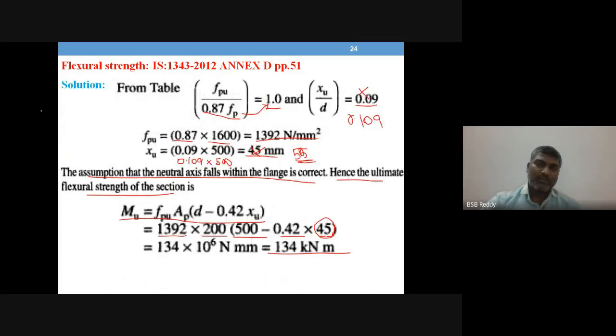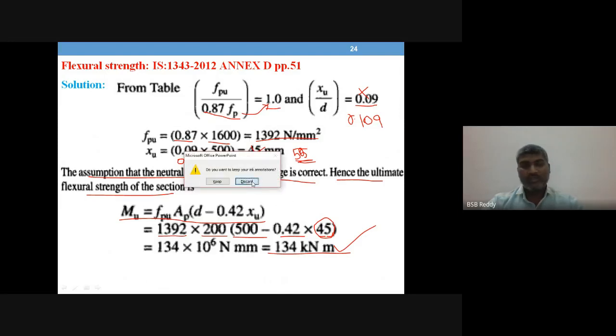If you find that it is not falling in the flange, then you change the formula for the third case, neutral axis falling in the web. Accordingly, you can calculate the moment of resistance value. Okay, right, we'll see some more problems in the next session.